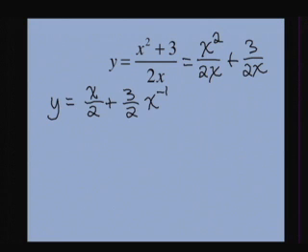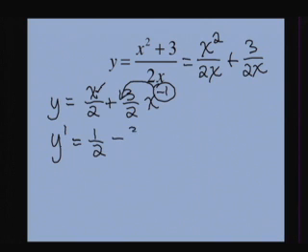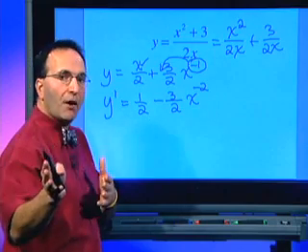And so that way we can apply that power rule for negative integer powers. y prime is going to be equal to, well, the derivative of x is just 1, so we get 1/2. Now we bring this down in front to multiply, so we have minus 3 halves, and it would be x raised to the negative 2. And so that would give me y prime using the power rule.